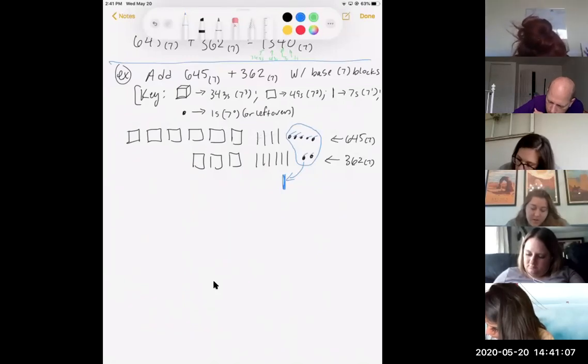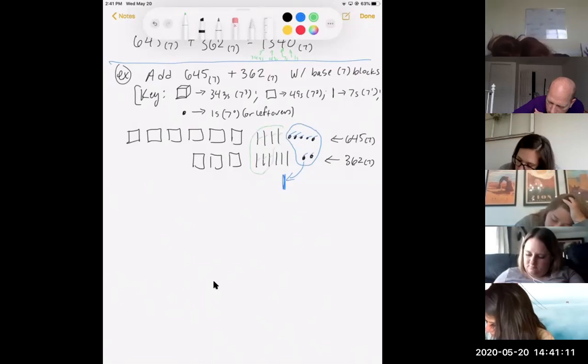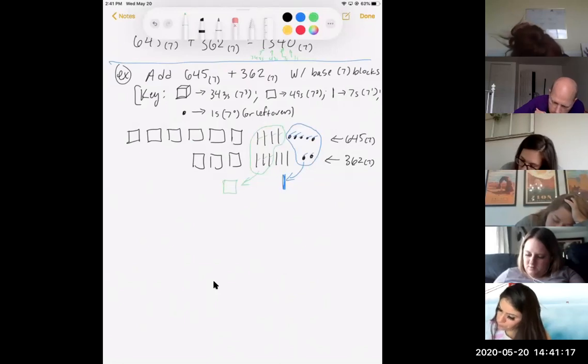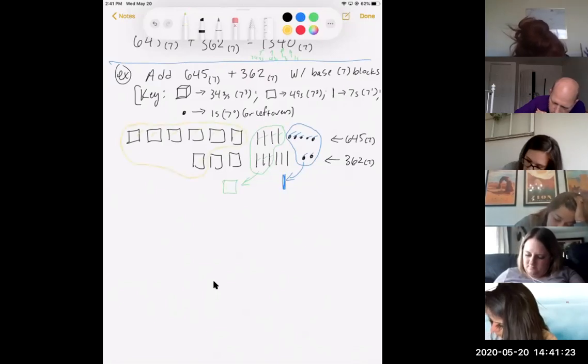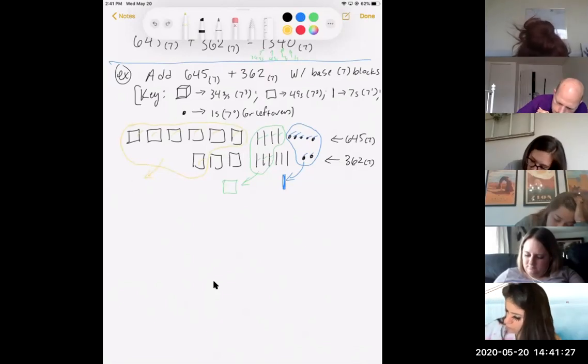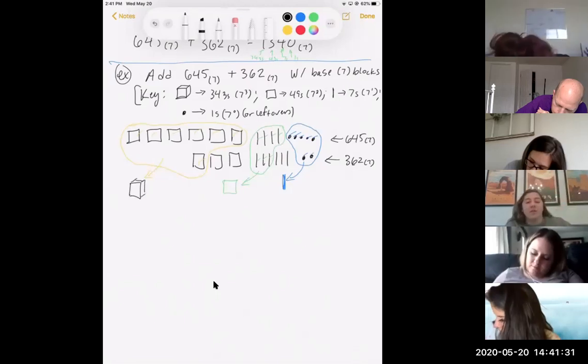1, 2, 3, 4, 5, 6, 7. I exchange these 7 rods for a flat. And then continuing grouping. 1, 2, 3, 4, 5, 6, 7. I exchange these 7 flats for a big cube. Okay.